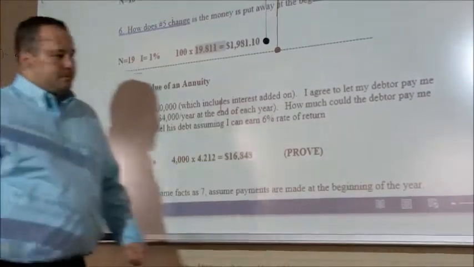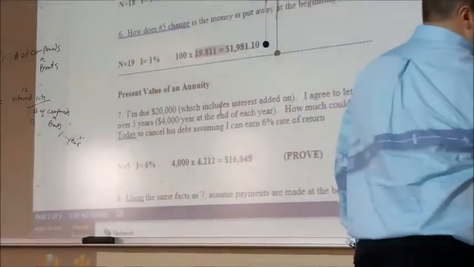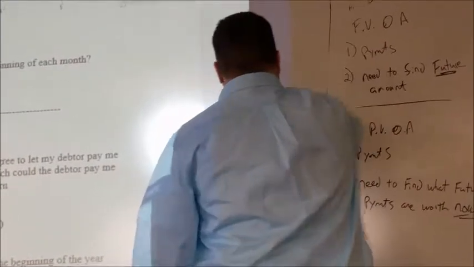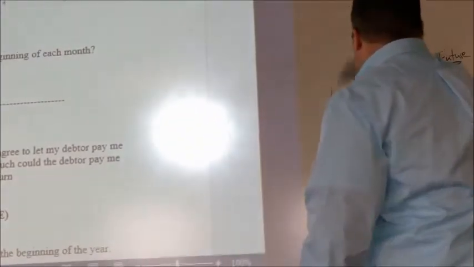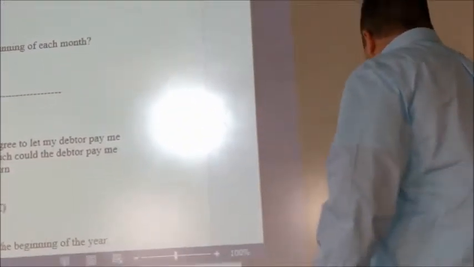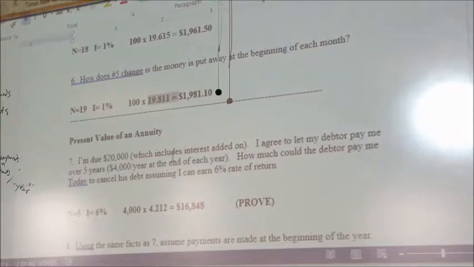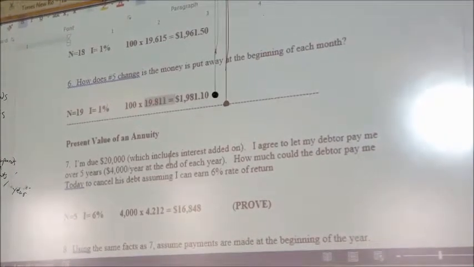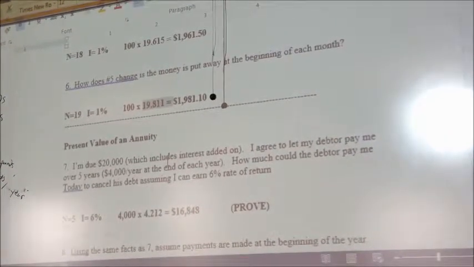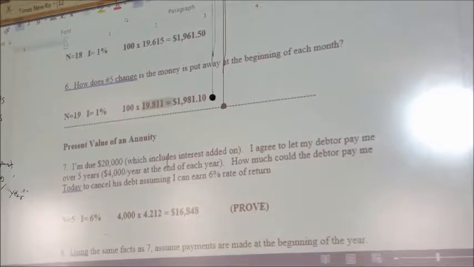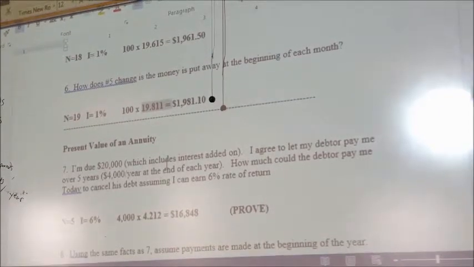And we're going to prove it. And I have you prove it on your quizzes and exams as well, because I want you to be able to show somebody that if you do this ever, and you can do this in real life easily, and not only be able to provide them an amount like $16,848, but say, this is showing, then I'm going to prove it to you that we both come out the same.